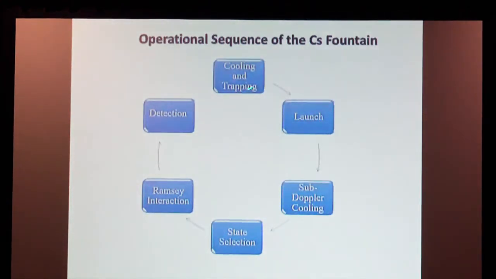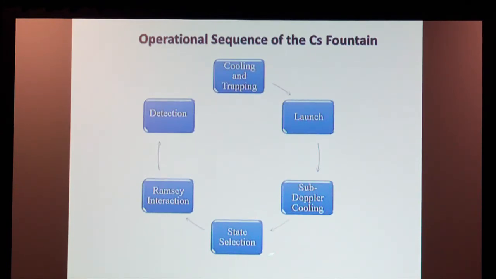The fountain operates in a sequential manner. The first point in the sequence is cooling and trapping. We showed with 6 orthogonal beams, and then we launch it by having only the 2 vertical beams and frequency shifting them by a moving molasses technique. And as soon as the atoms are launched, we further cool them by polarization gradient cooling or sub-Doppler cooling.